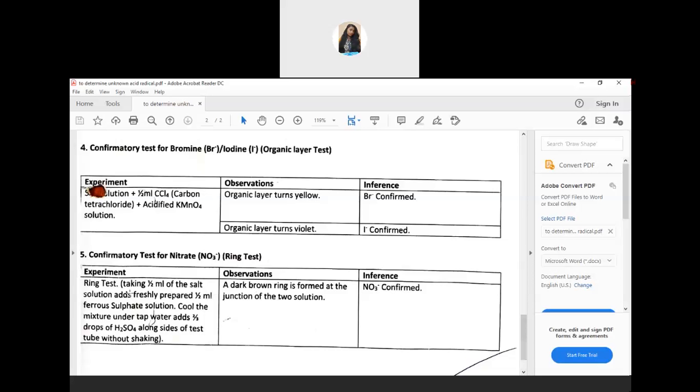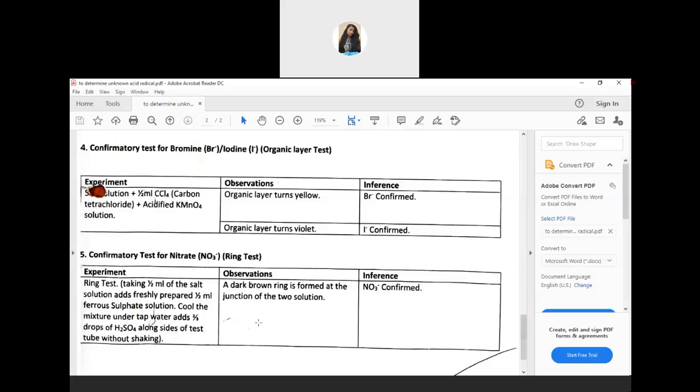So this experiment is only to determine the acidic radical. For basic radical determination, there is no need in this experiment.